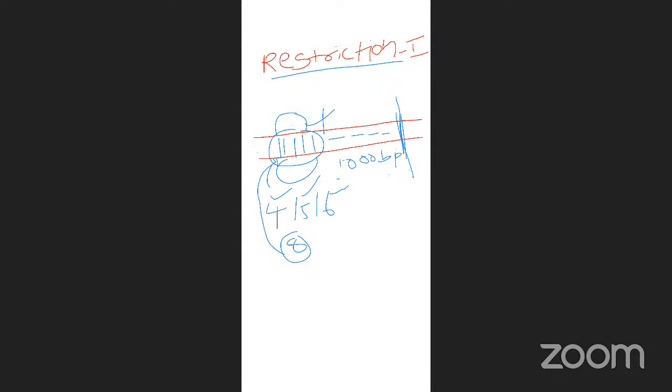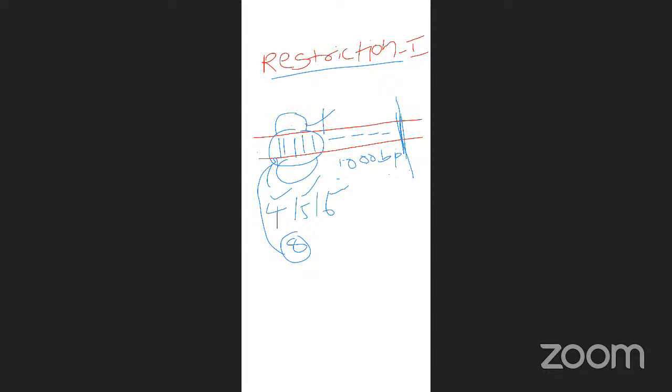Another important thing is, for restriction endonuclease type 1, several enzyme cofactors, including S-adenosyl methionine, or adomet for short, and ATP and Mg2+ ions are required.